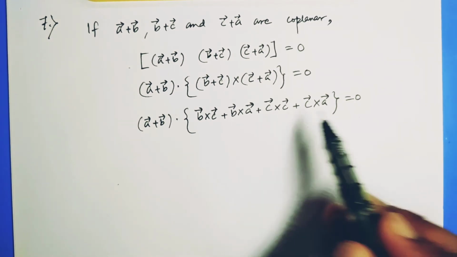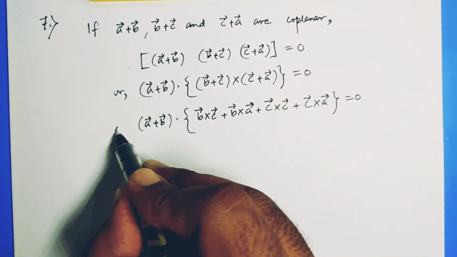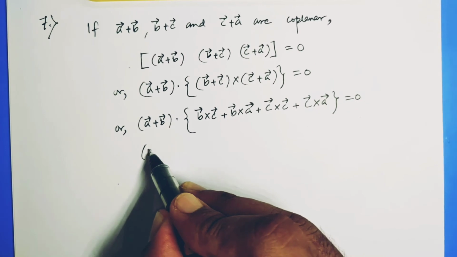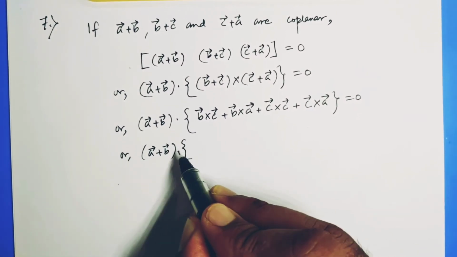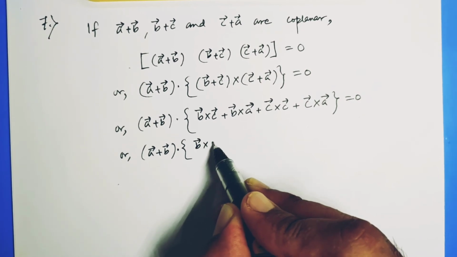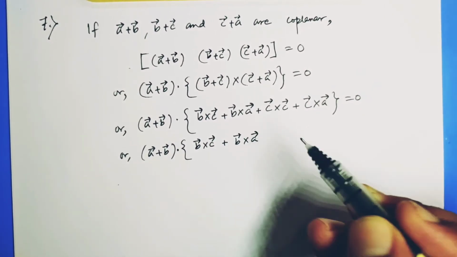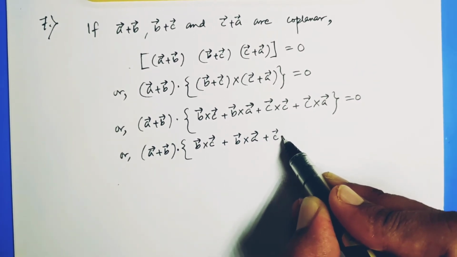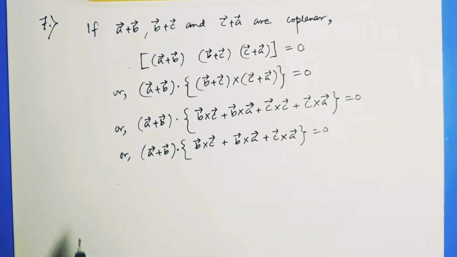So that's why C cross C will be 0. So this whole expression becomes easier now. It becomes B cross C plus B cross A plus C cross A. Clear?